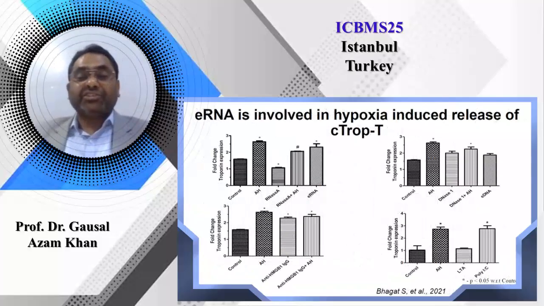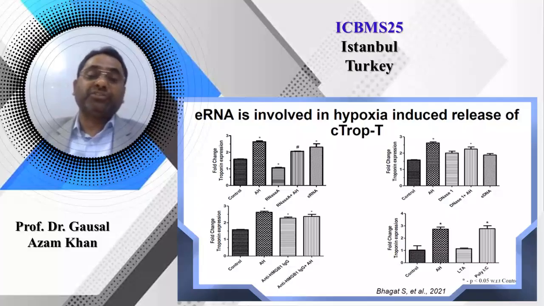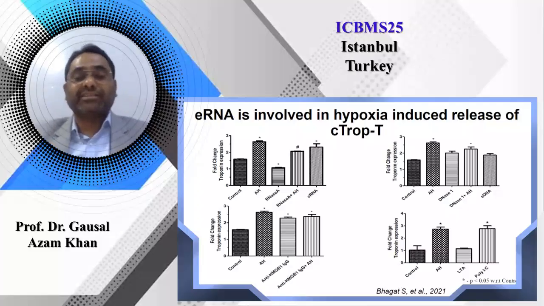To address whether RNA is involved in hypoxia-induced troponin T release, we used another strategy. We treated the animals with RNase A and then exposed them to hypoxia. We found that RNase-treated animals exposed to hypoxia significantly decreased troponin T expression. This suggests that the troponin T expression is due to eRNA activation.